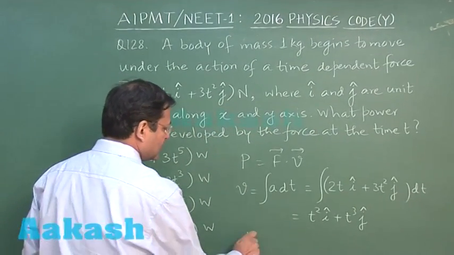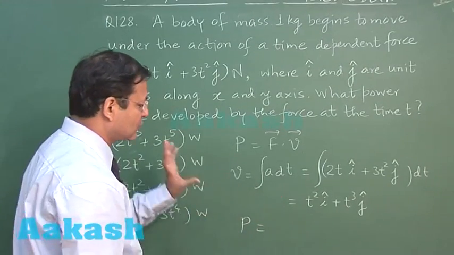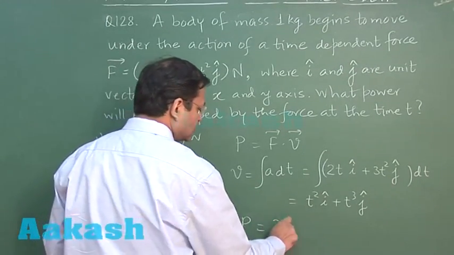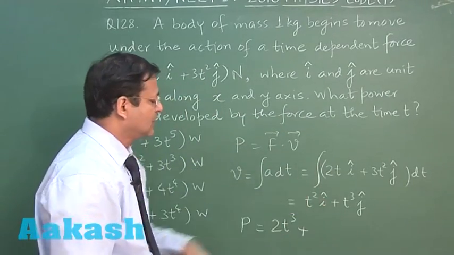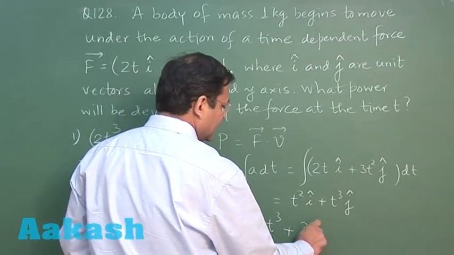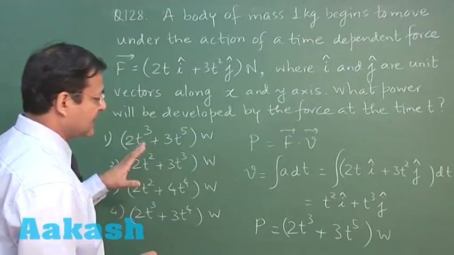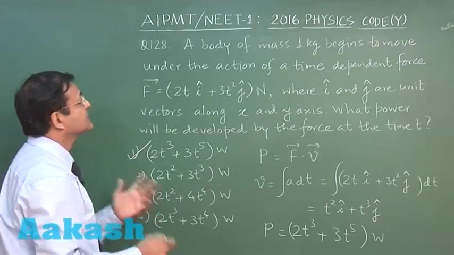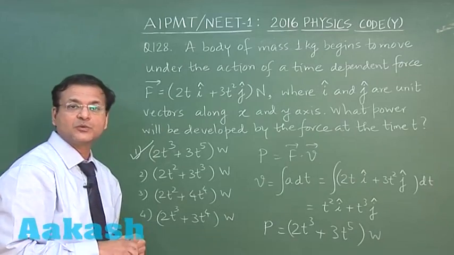So power is equal to, now see, force is 2t here and this is t square. So dot product of that will be 2t cube, isn't it? Plus this is 3t square and t cube. This is 3 into t raised to the power 5. This much watt. So the correct answer will be the first option for this question 128. Now switch over to next question, that is question 129.